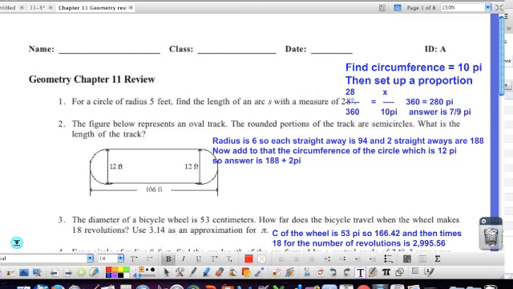So we're going to set this up as a proportion. 28 degrees over 360 degrees in the entire circle equals x over 10 pi. When we cross multiply, we get 360x equals 280 pi.